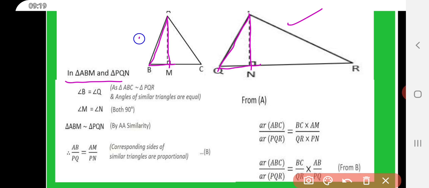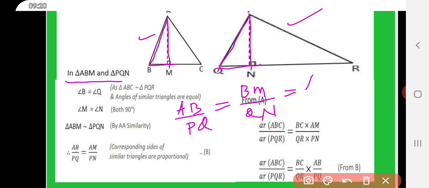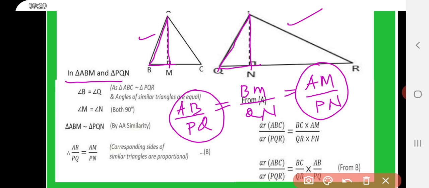If we can prove these triangles ABM and PQN are similar to each other, then we can write AB by PQ is equal to BM by QN is equal to AM by PN. So this is equal to this, we can write, and the theorem will be proved.